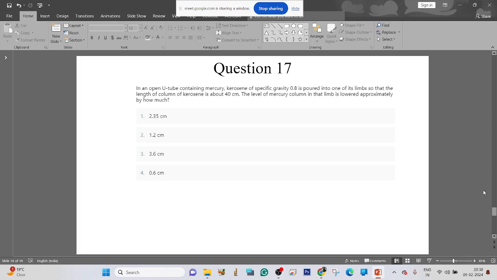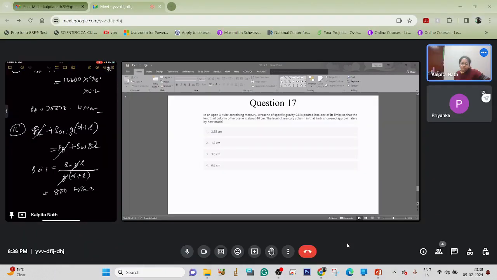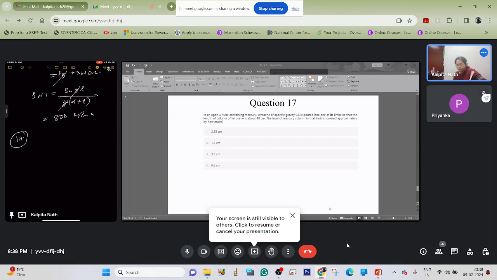Okay, solve this. 2.35 centimeter. How much? 2.35 centimeter.